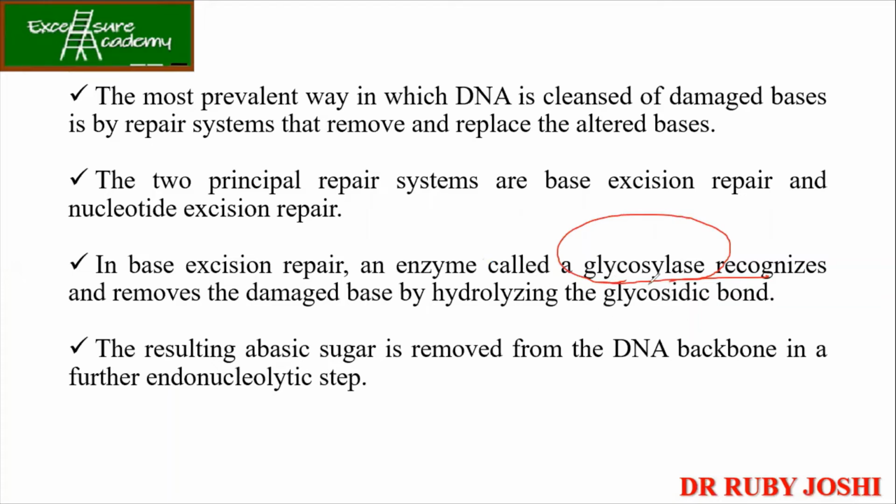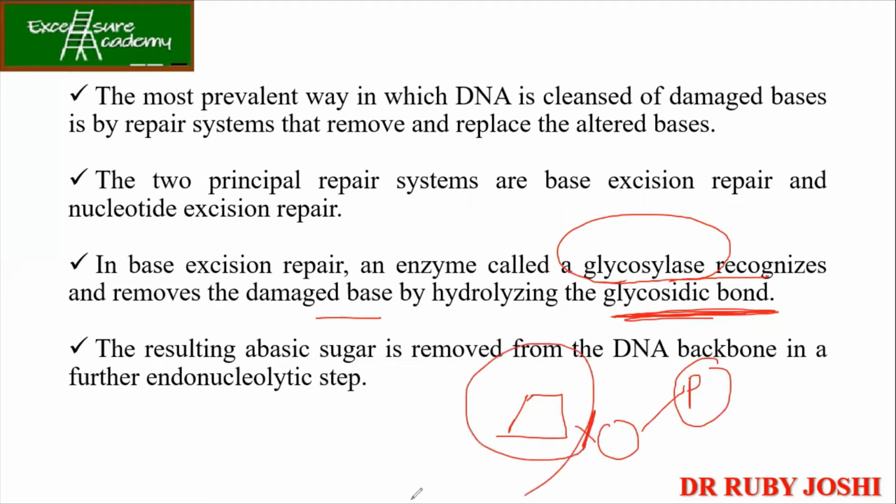So the enzyme called glycosylase recognizes and removes the damaged base by hydrolyzing the glycosidic bond. So what it is doing actually, you know that you have got the base, the ribose sugar and the phosphate. ये क्या करेगा? Glycosidic bond it is breaking. So over here it is breaking and removing.